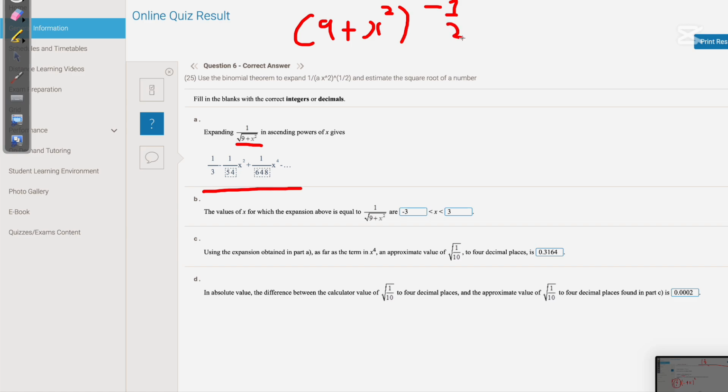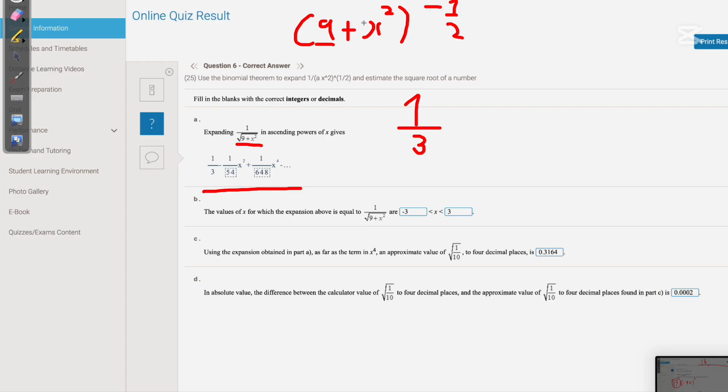Now look, to start the binomial theorem when n is rational, we're going to have to make a 1. So that will give us 1 over 3, right?